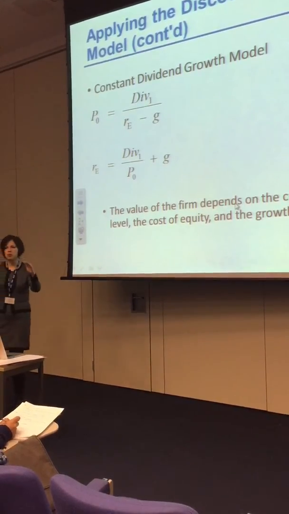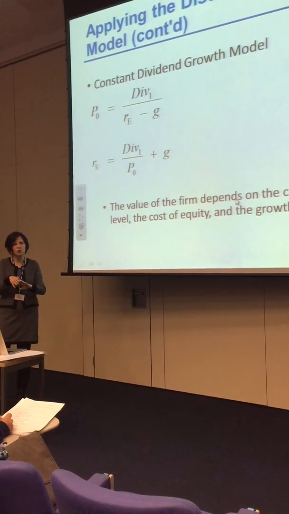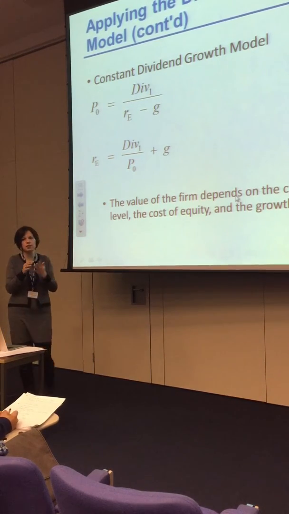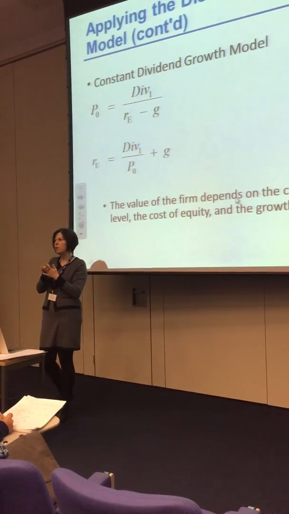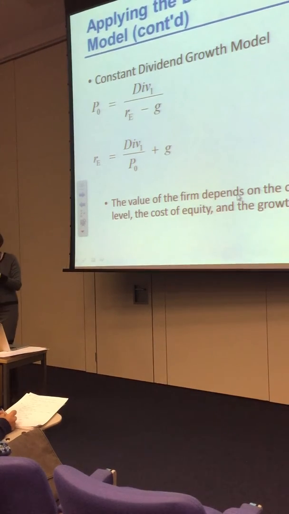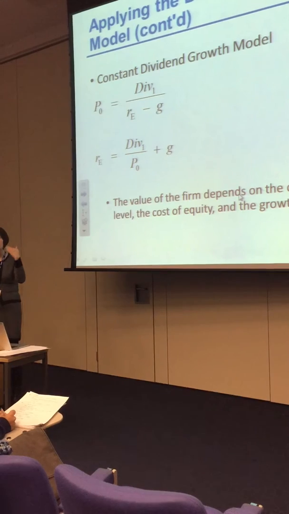Again, the same principle here still. We are calculating the present value of the future cash flows. It's just that we have different ways of conceptualizing those future cash flows, where they come from. So here we are considering a case where the cash flow consists of the constant stream of dividends but growing at a constant rate.